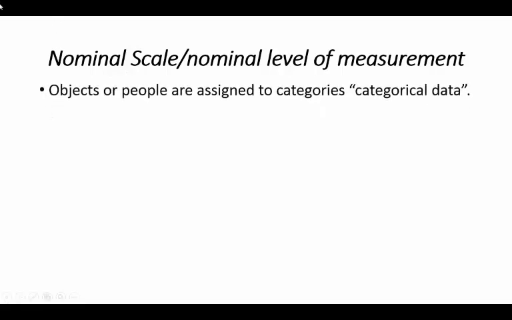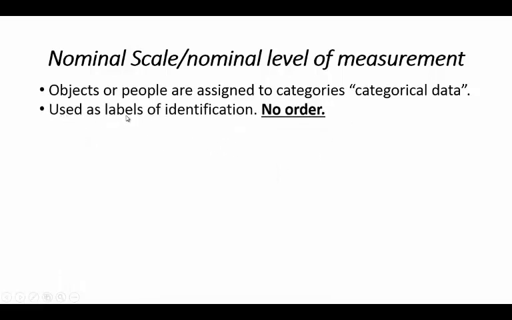For example, a nominal scale, nominal from name, so the nominal level of measurement is obviously talking about naming or categorizing. We can name people or we can name objects. So objects or people are assigned to categories, and that's why sometimes we call this categorical data.